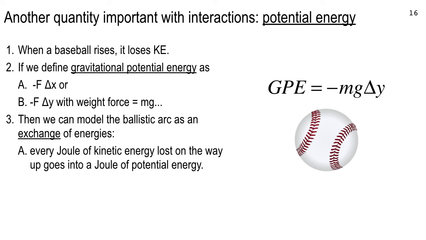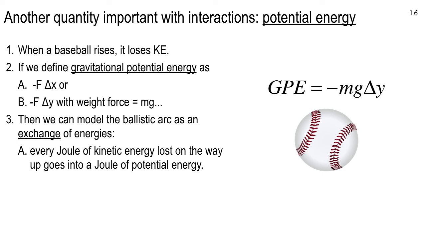You put in the minus sign in front of the, so F delta X or F delta Y is work, right? And that means change of kinetic energy. If you define potential energy as a minus sign in front of the work, so minus F delta X or minus F delta Y, then you can style it as something that's exchanged as you move.